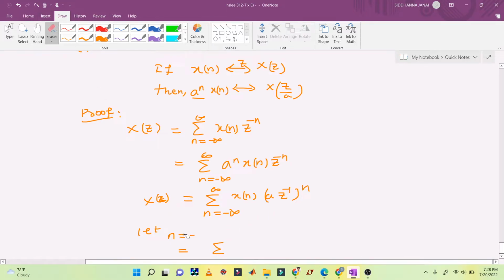Sorry, here for this one directly we can solve. This is x[n] z divided by a to the power minus n. If a goes above, it will become a power minus 1, minus 1 into minus 1 plus 1. So definitely we'll get that.